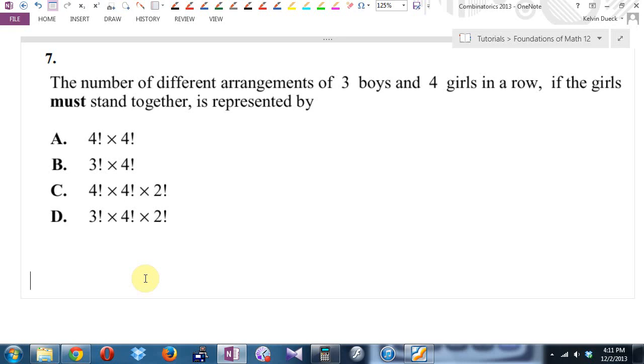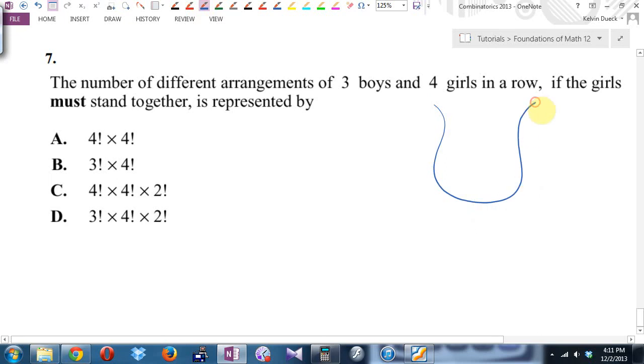So I'm going to visualize my Scrabble bag like this. How many boys in the Scrabble bag? Can I call it B1, B2, B3? How many girls in the Scrabble bag? But what's the condition?